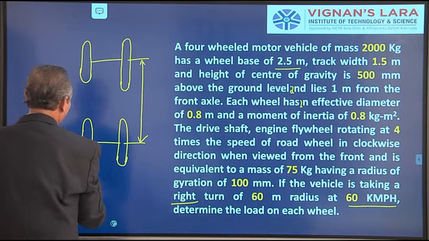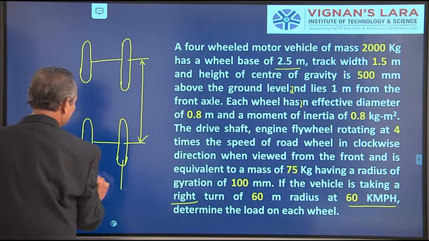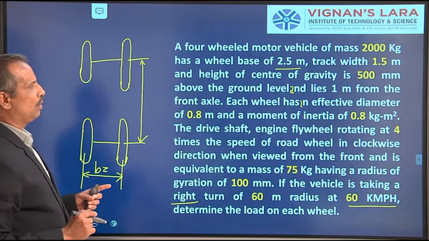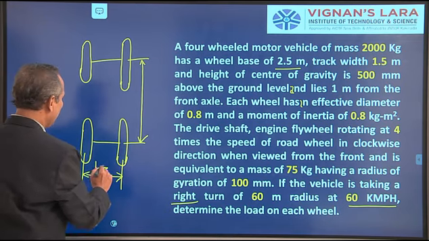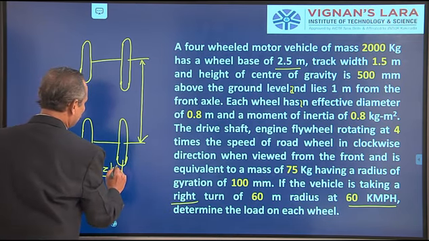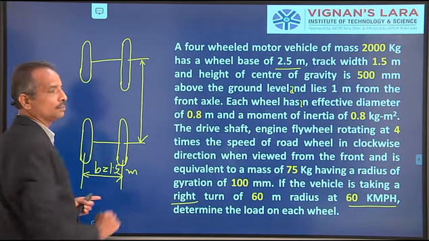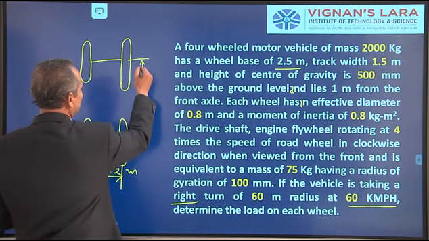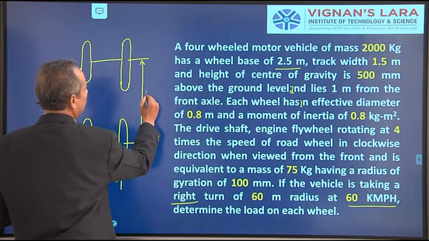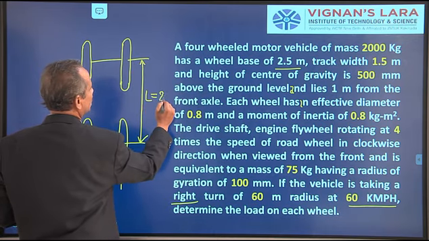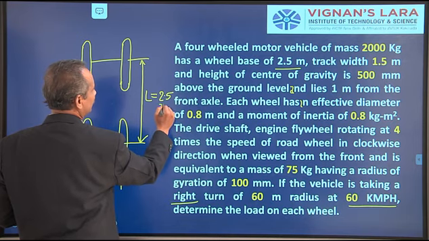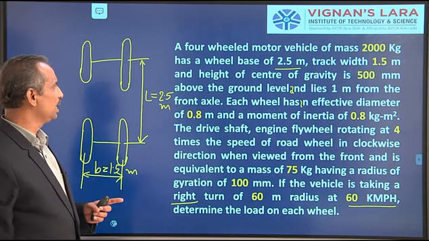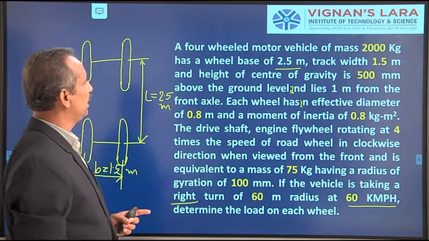So this is the width of the track, which we have taken as B, 1.5 meters. Then the wheelbase is this, from the front to the rear wheel, which I am denoting as L, 2.5 meters.